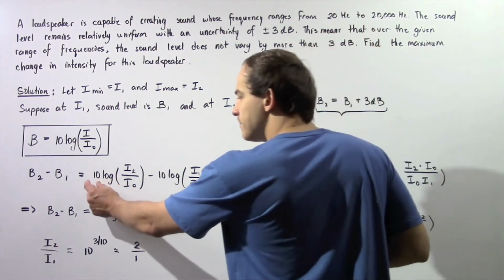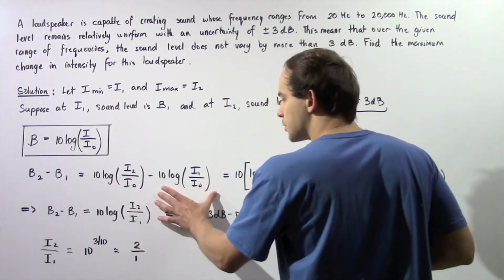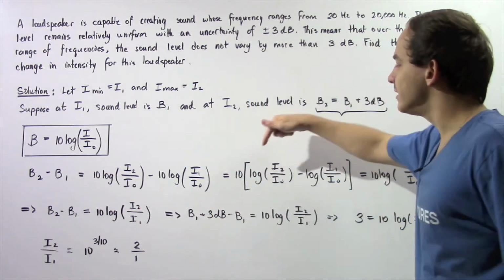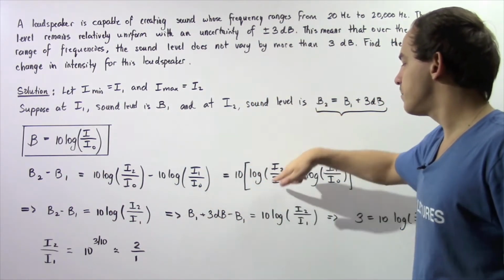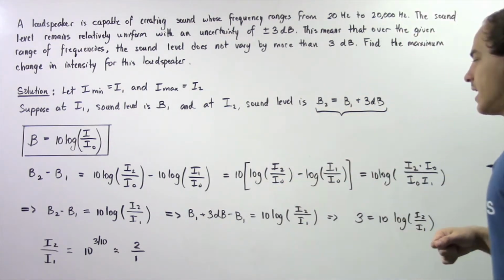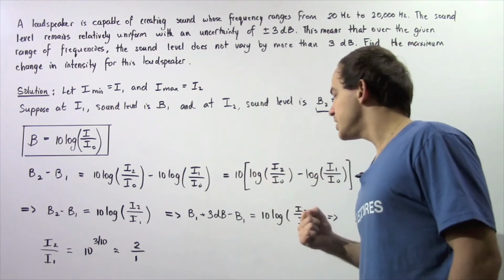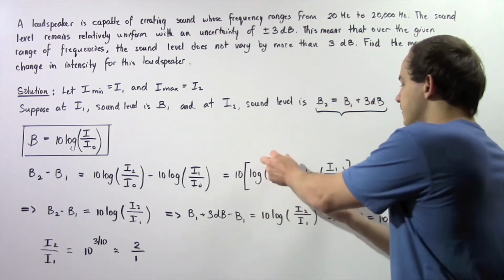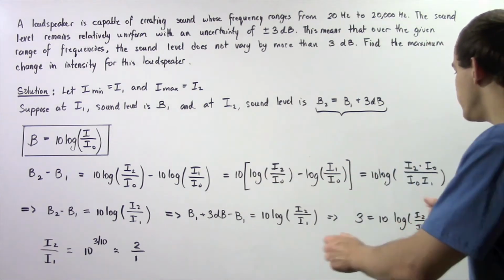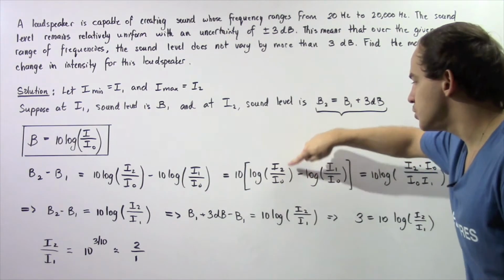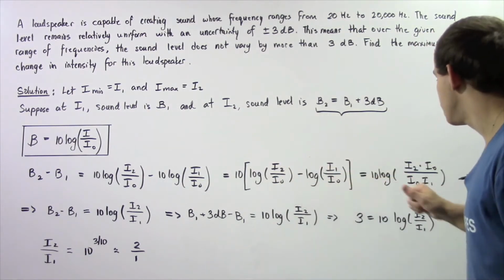Now, notice the 10 appears on this term and on this term, so we can take that out. We get 10 multiplied by log of I2 divided by I0 minus log of I1 divided by I0. Now, by using our laws of logs, we can combine these and divide these two terms. So we get 10 times log of this ratio divided by this ratio.